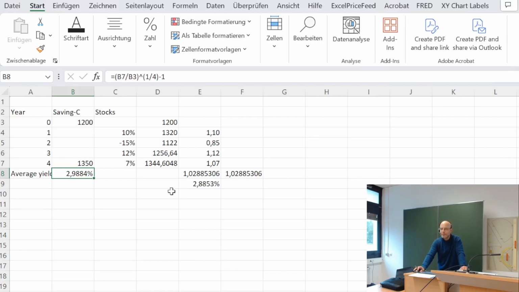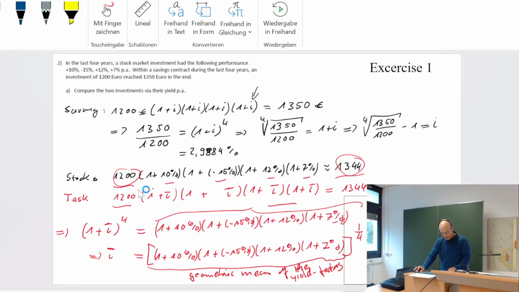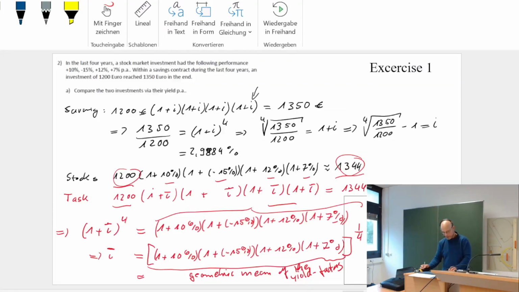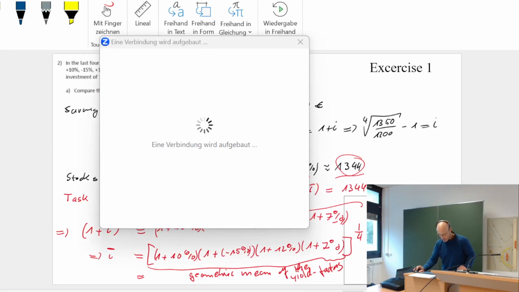Yes. So it has to be. If this number were higher than this number, there would have to be something wrong. Maybe you have miscalculated something. But if this number is lower than this number, then this has to be the case. So then we have here that this is 2.8853%.